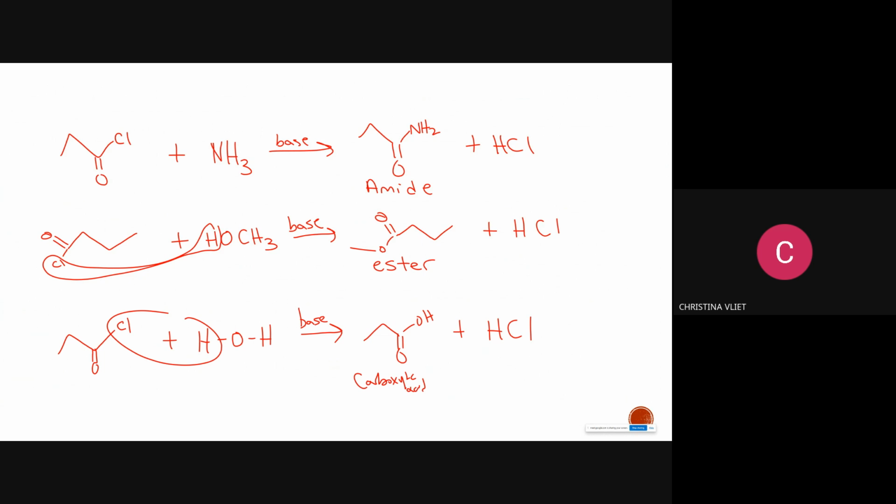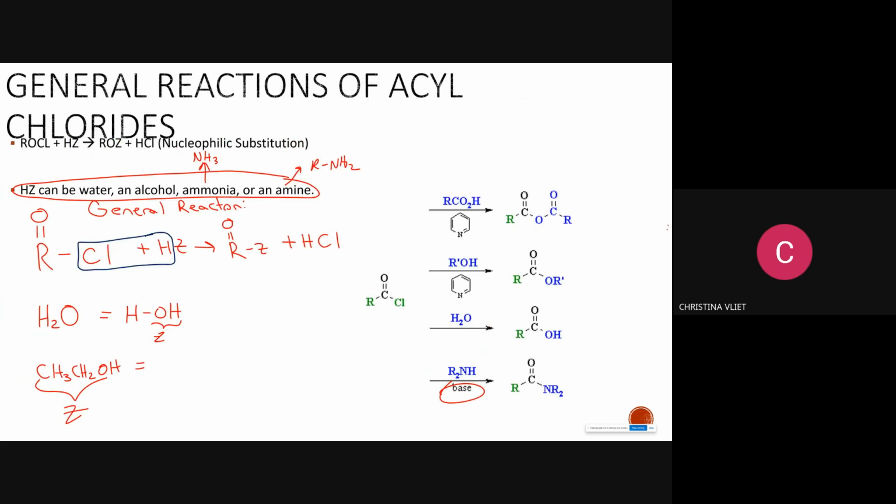So I would not write down every single individual variation on a flashcard. I would just write down the general reaction type, meaning this to this. So if you haven't written a flashcard for this yet, I advise writing a flashcard for the general reaction only for acyl chloride. You can write down all the individual variants if you want, but they all fit the same type.